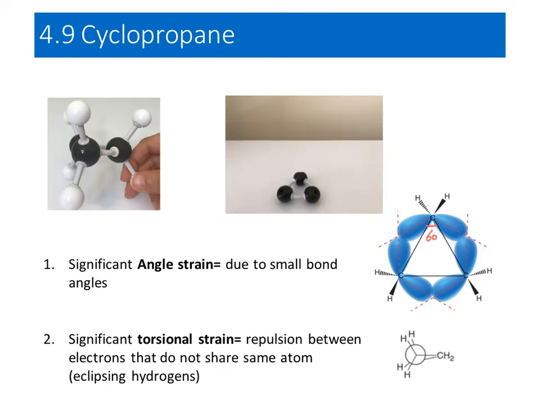If you look at the cyclopropane sidewise, these 2 carbons are kind of eclipsing one another, and also the CH bonds, the CH bond in the back and in the front, also at the bottom, are eclipsing one another, and there is no way that this molecule can rotate to release that torsional strain. Therefore, cyclopropane is very unstable and experiences a significant torsional strain due to its structure.